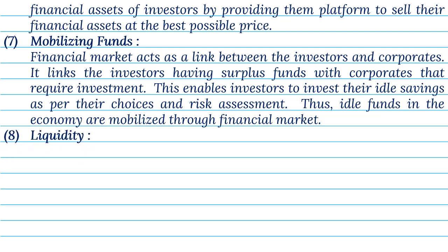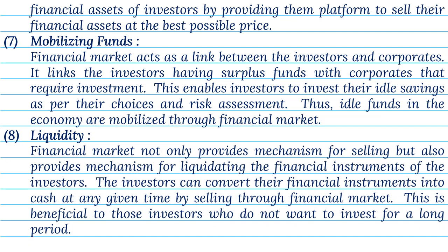8. Liquidity. Financial market not only provides a mechanism for selling, but also provides a mechanism for liquidating the financial instruments of the investors. The investors can convert their financial instruments into cash at any given time by selling through financial market.